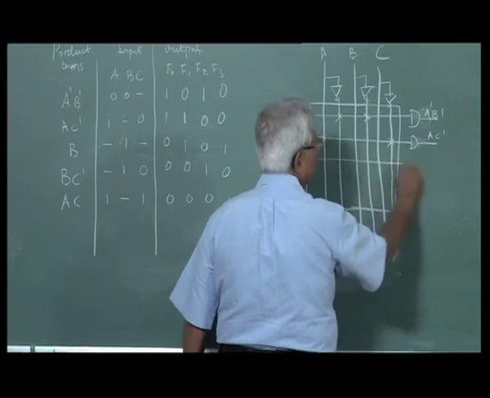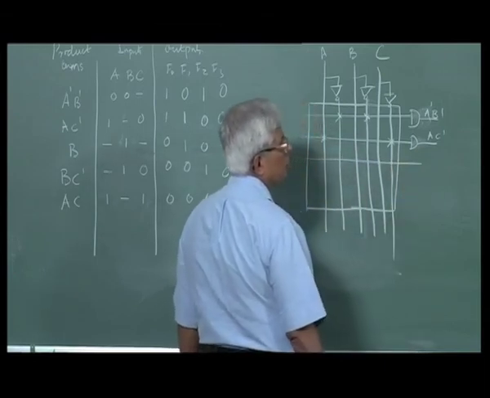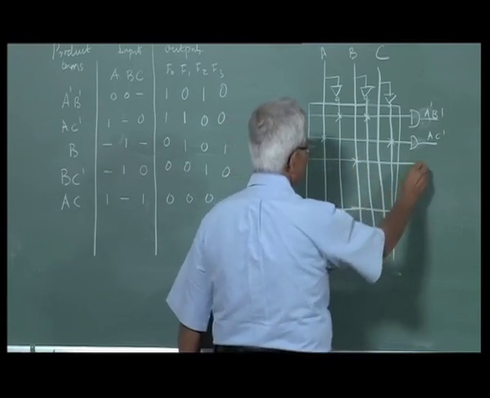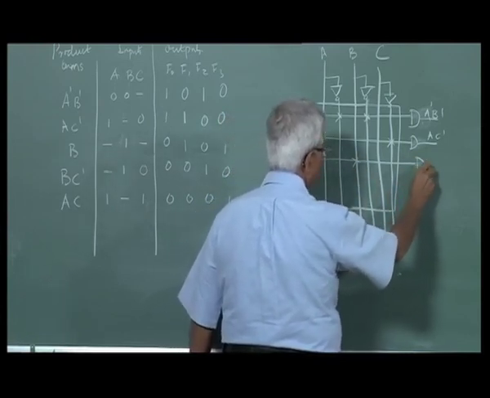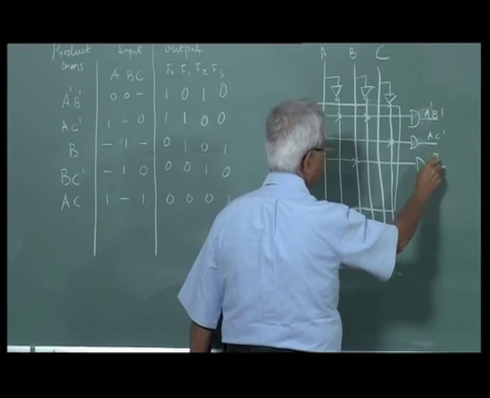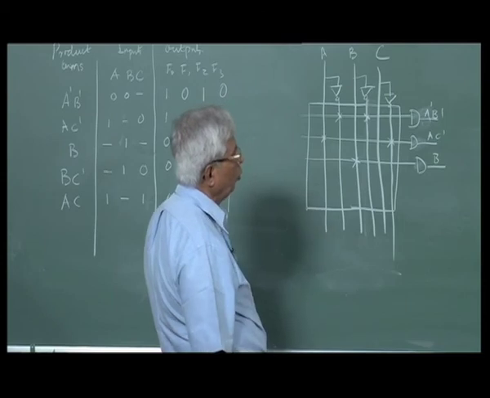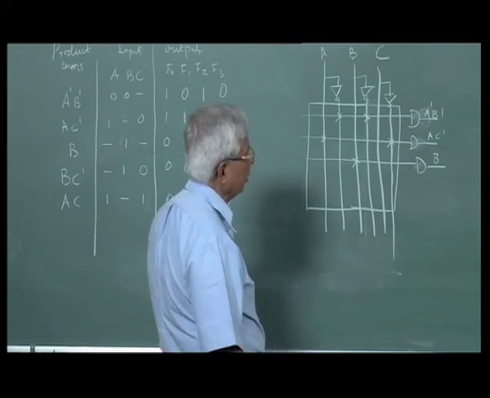Third is B. Fourth is A bar, B bar, already there, BC bar.